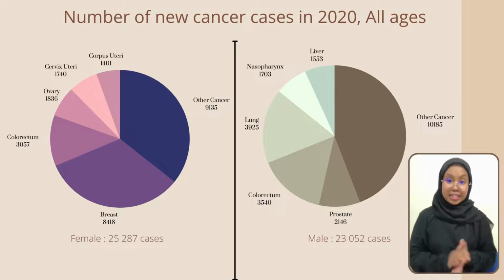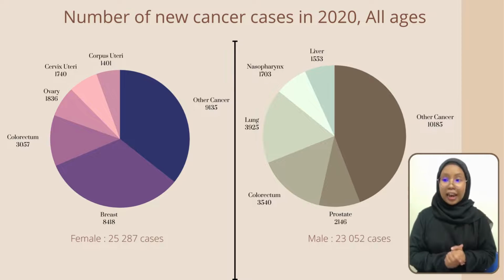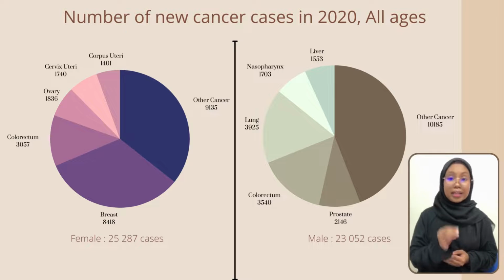Next, we will see the same cancer that is in both pie charts, which is colorectal cancer. From the male pie chart, colorectal cancer recorded 3,540 new cases, which was higher by 483 than females who suffer colorectal cancer in 2020.